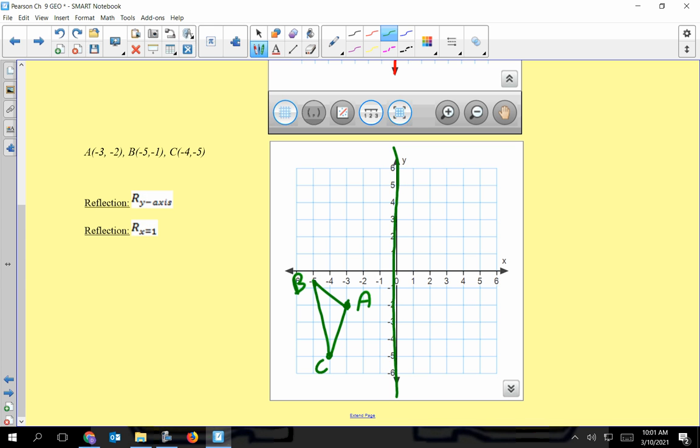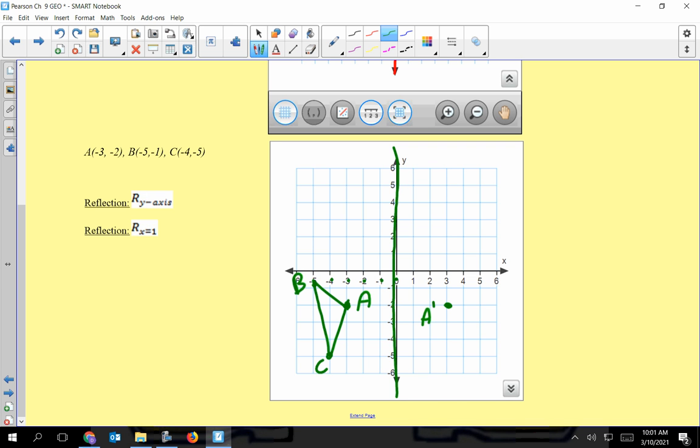Now I'm going to reflect all these points across the y-axis. I'm taking A first. I am 3 away, so I go 3 to the other side. We'll call that A prime. I'll go with B. I'm 5 away, so just count squares: 1, 2, 3, 4, 5.